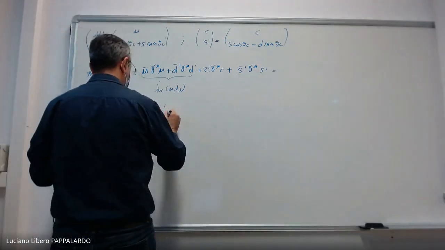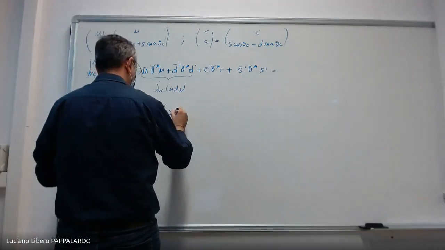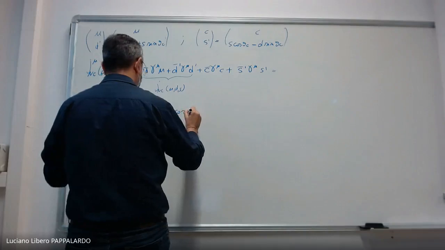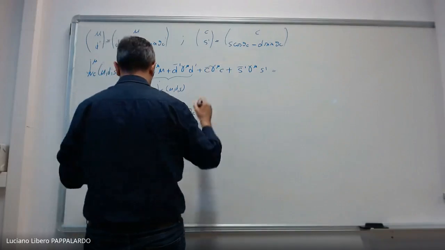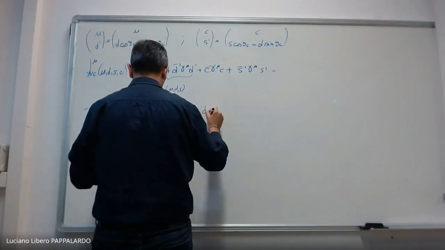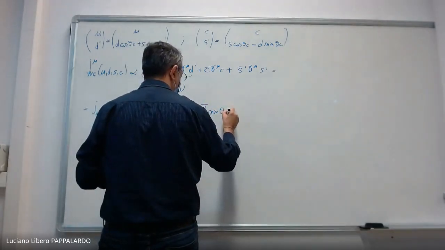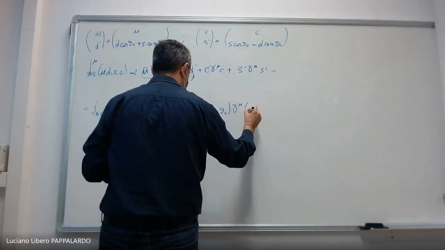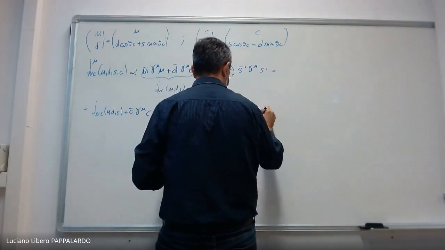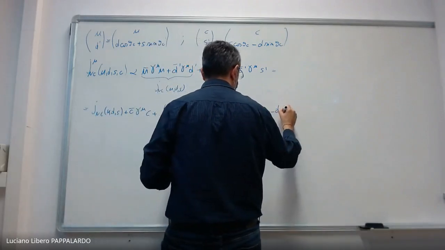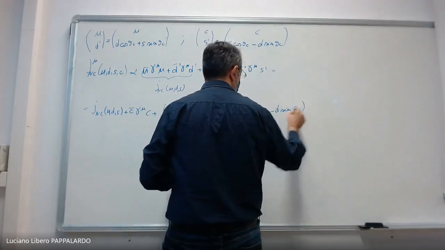So this is s bar cosine theta_C minus d bar sine theta_C, and again s cosine theta_C minus d sine theta_C.